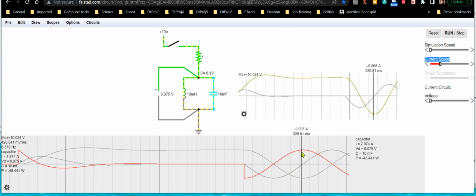You can see the voltage right here peaks once it's fully charged up, and then the cycle starts all over again, because at this point you've got a charged up inductor with the reverse polarity potential. Now it's negative 10 amps flowing through the inductor, but the voltage is zero, right here. So since the voltage is zero, the inductor is charged up.